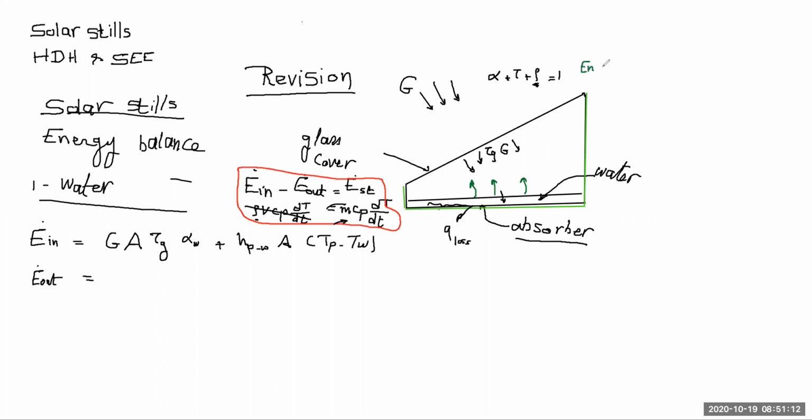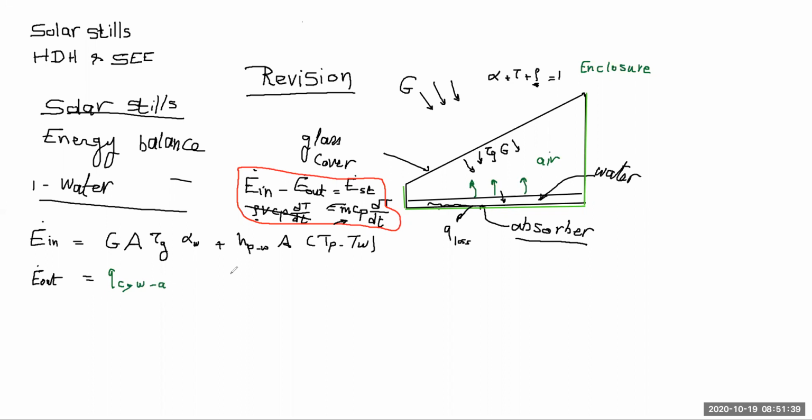Probably you heard that expression when you studied heat transfer, especially convection heat transfer. And because there's air inside, then there will be transfer of heat by convection from the surface of the water to the air. So we have Q convection, water to the air.